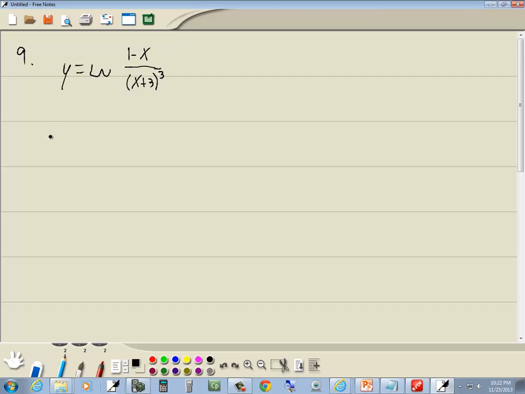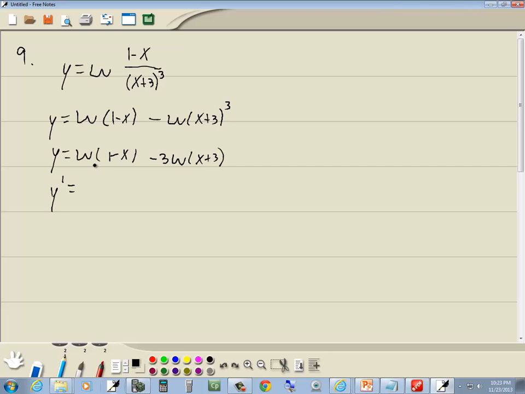Okay. Now, division becomes subtraction. So we've got natural log of 1 minus x minus natural log of x plus 3 to the third, which gives us natural log of 1 minus x. Take that power, put it out in front, so we got minus 3 natural log of x plus 3.